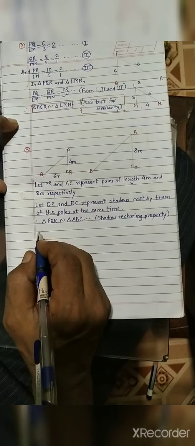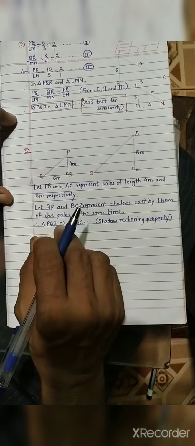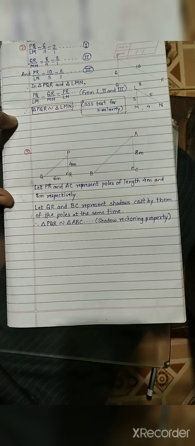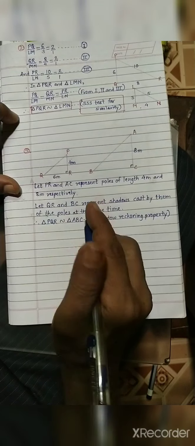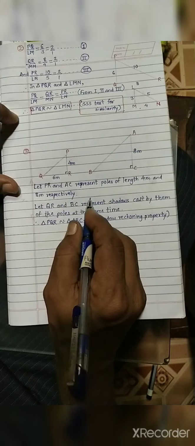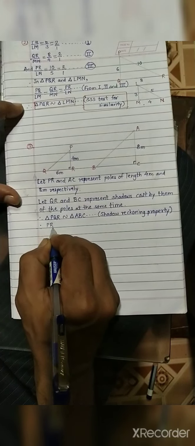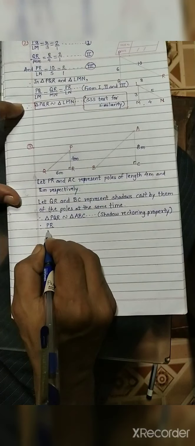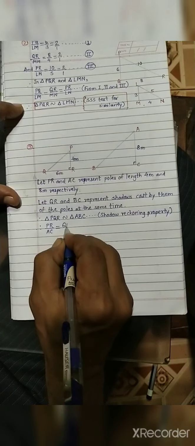If the two triangles are similar, then their corresponding sides are in proportion. So PR upon AC is equal to QR upon BC.